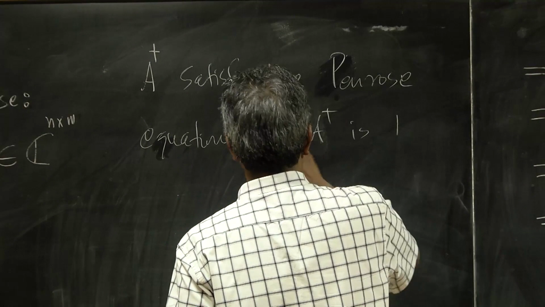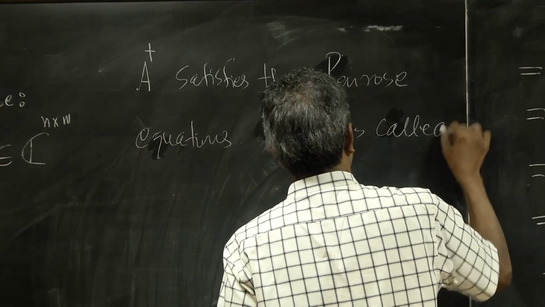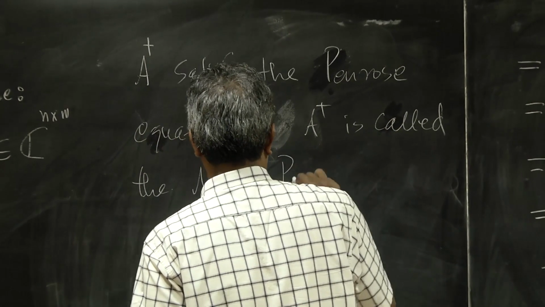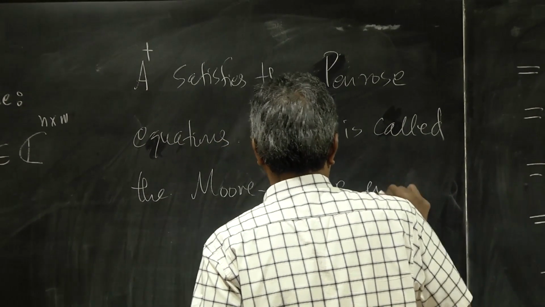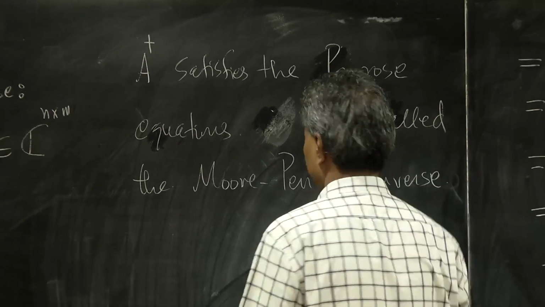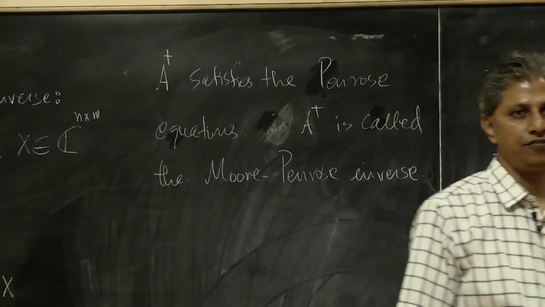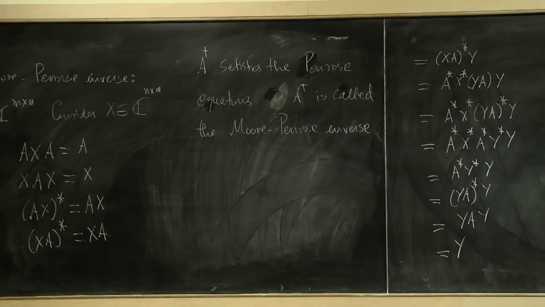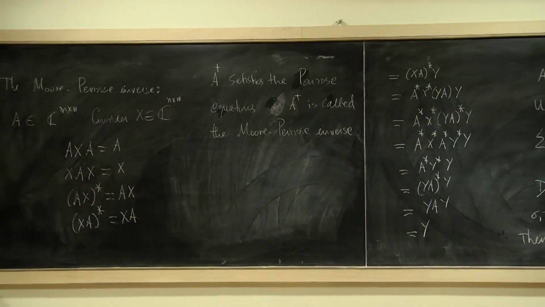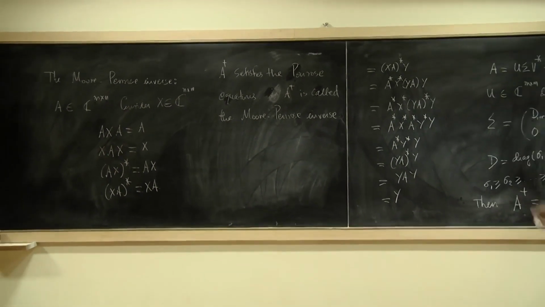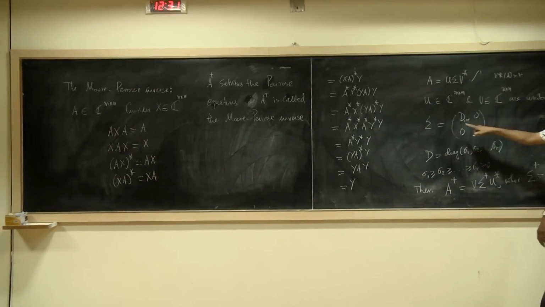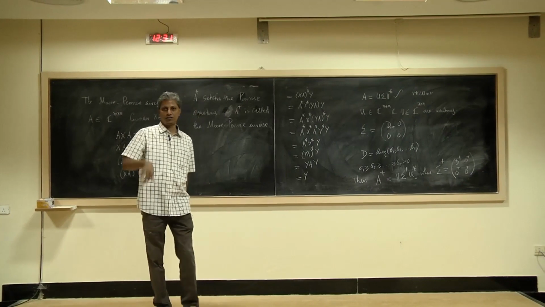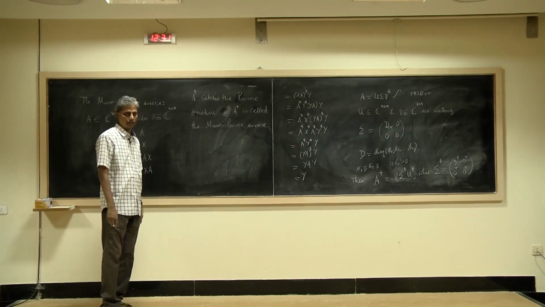A dagger is called the Moore-Penrose inverse. I leave it to you for verifying that this formula, if this is what A is, satisfies those 4 equations. You will have to use the unitarity of U and V and then sigma sigma dagger. Sigma sigma dagger will be identity, all other blocks are 0, and that will help in simplifying the calculations.